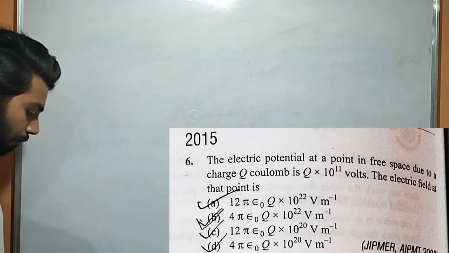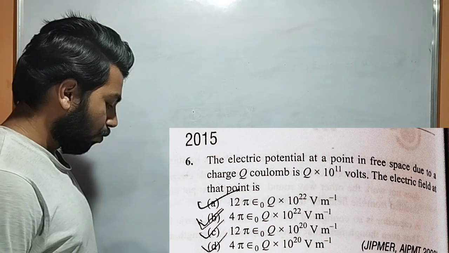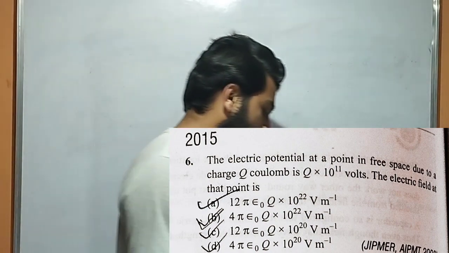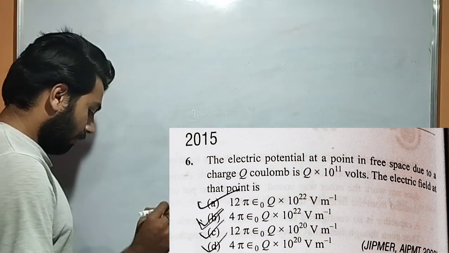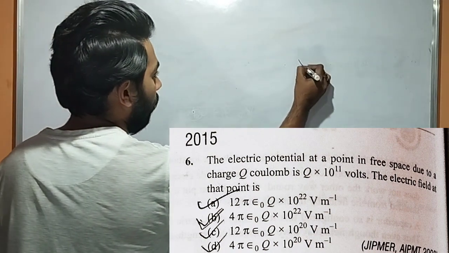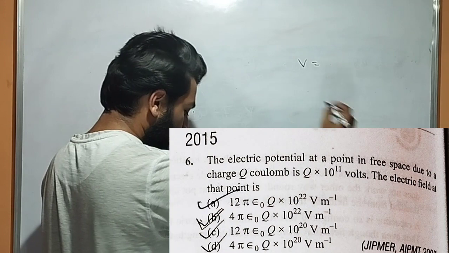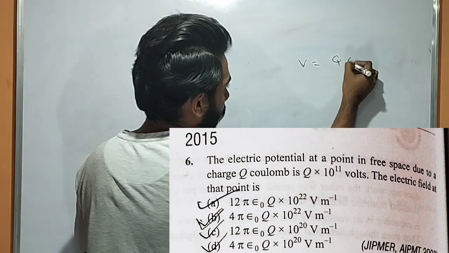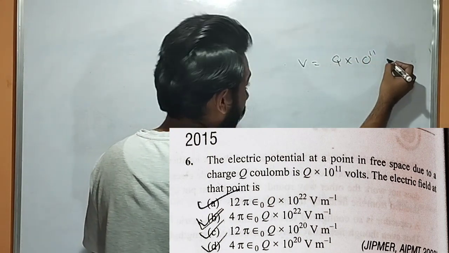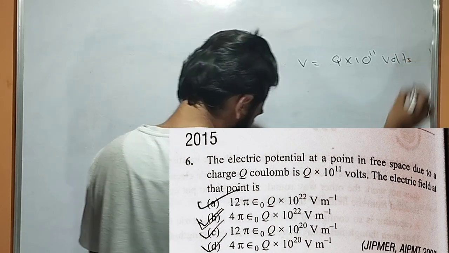The electric potential at a point in free space due to a charge q coulomb is, okay, this is easy.